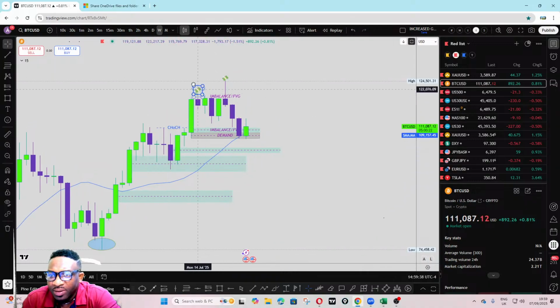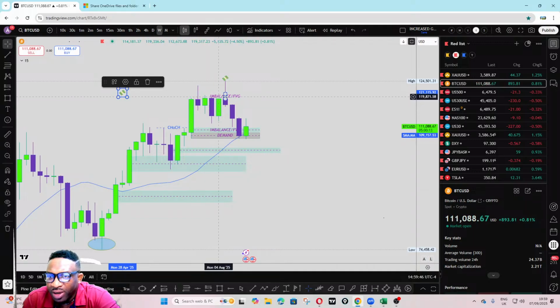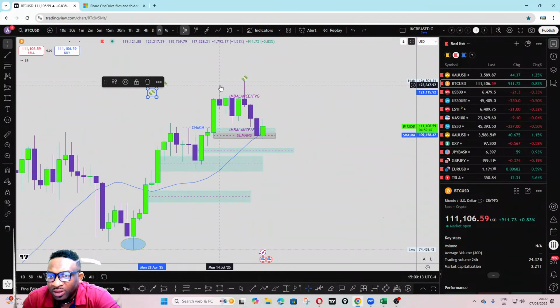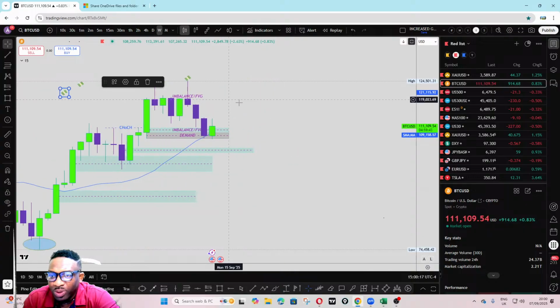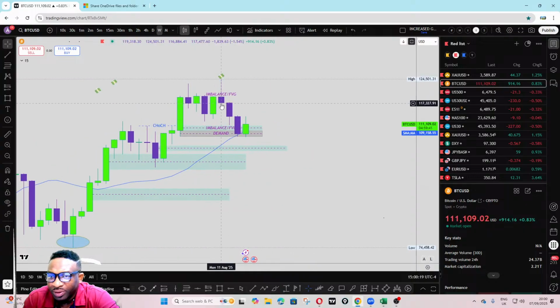As we can see on the weekly here, this area of equal highs, where all the liquidity was resting, was swept, and then straight away we saw this rejection candle that was formed.